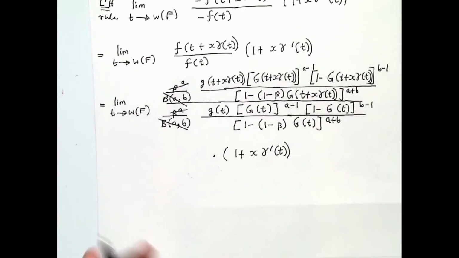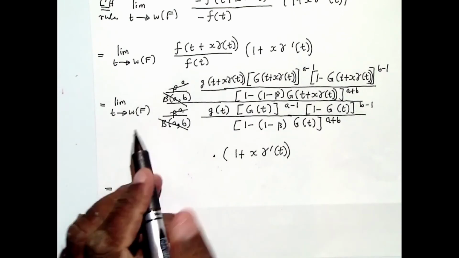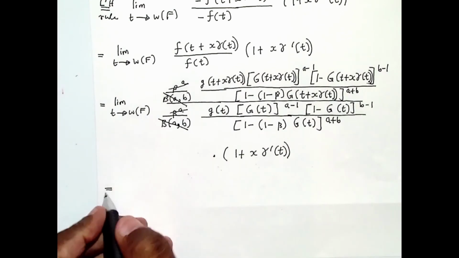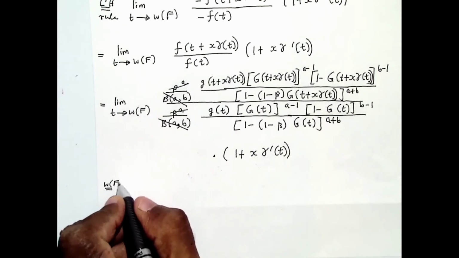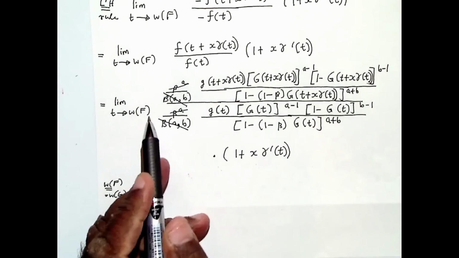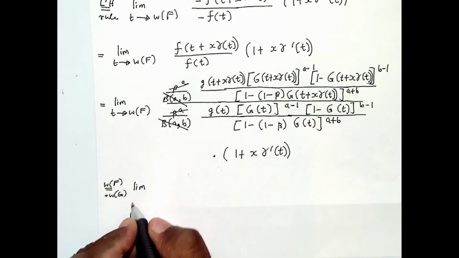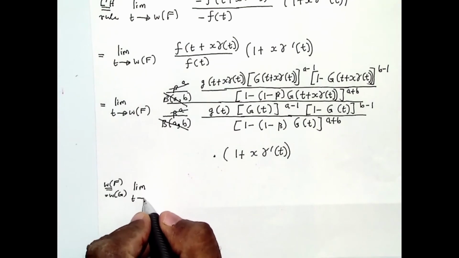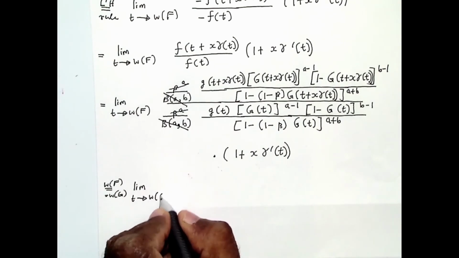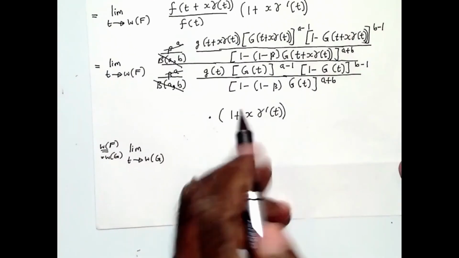All right, so that's what I will do in the next step. And also I'm going to replace the W of F, because they are equal, with W of G. All right. Okay, now let's do the grouping.